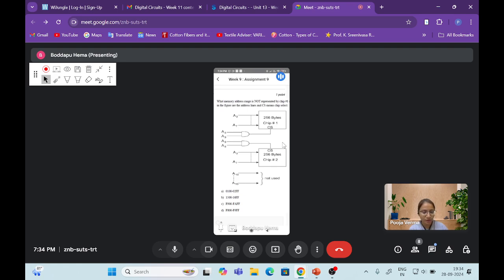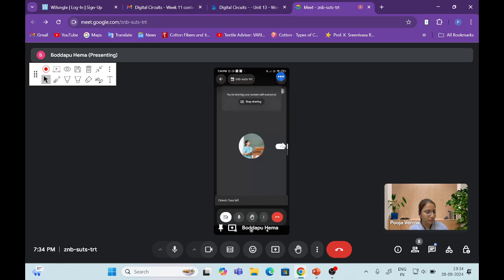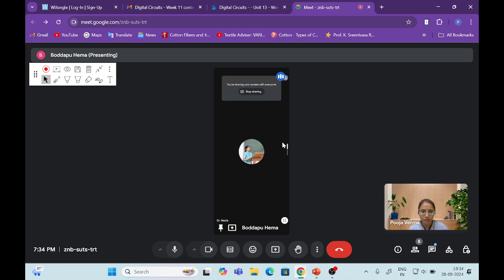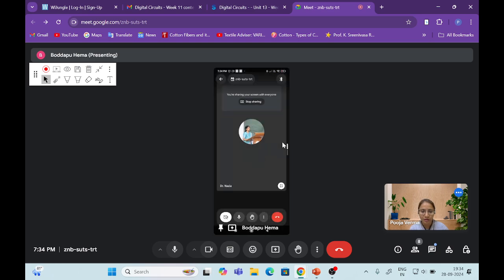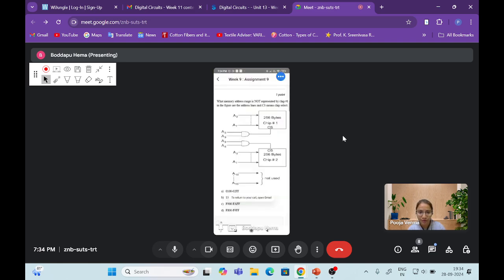Next, from A9 onwards, A9, A8. You can open your screen so that we can check. A0.